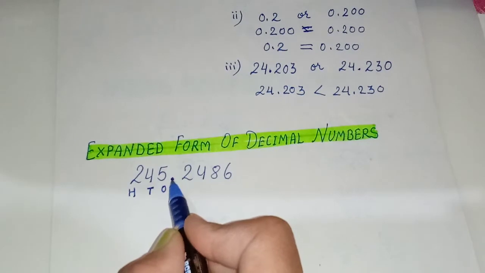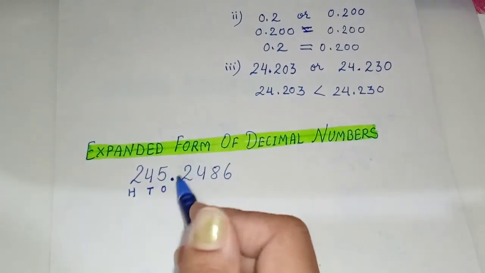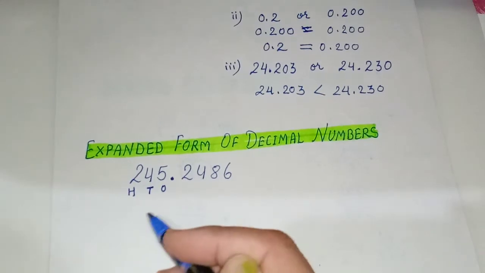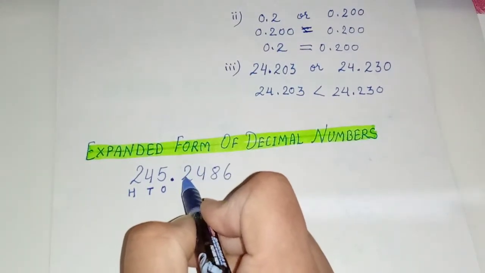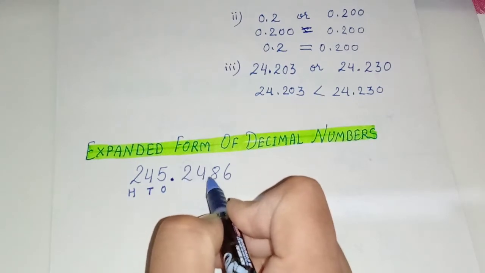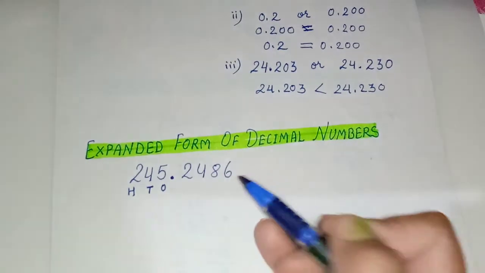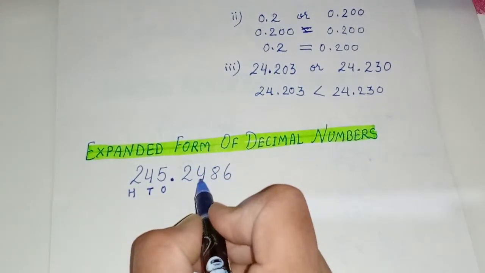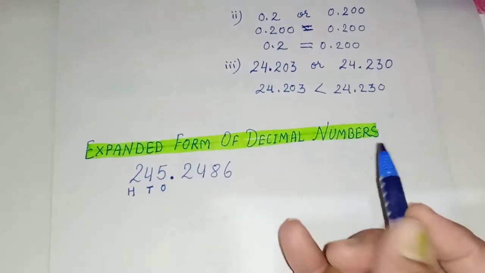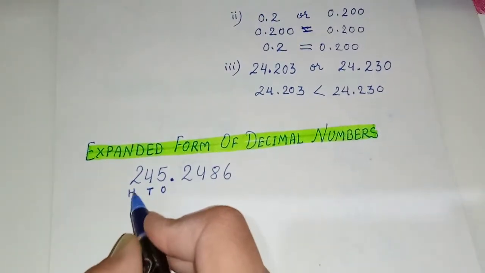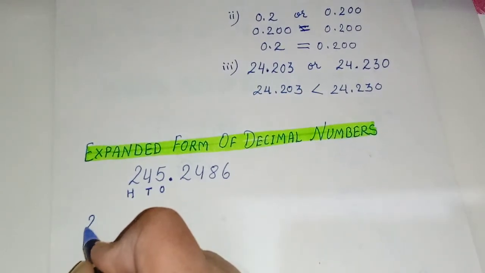After the decimal, from left to right we go. Here there is no place of ones, it directly starts with tenth, and it is not tens, it is tenth. Which one? This one. Tenth, hundredth, thousandth, ten-thousandth. That means here it is 1 upon 10, 1 upon 100, 1 upon 1000, 1 upon 10,000, and so on.